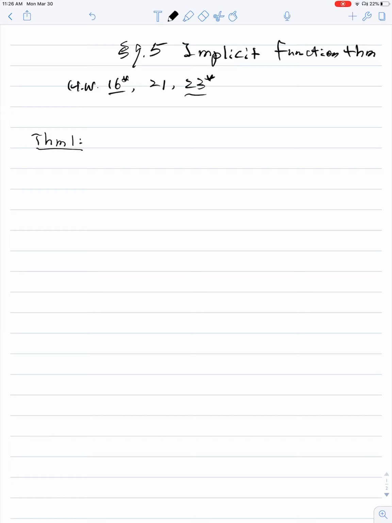So we have f, which is a function defined on an open set E in R2. E here is always open. And then we assume that it is continuously differentiable, so that this function is C1 on E. This is a real-valued function.